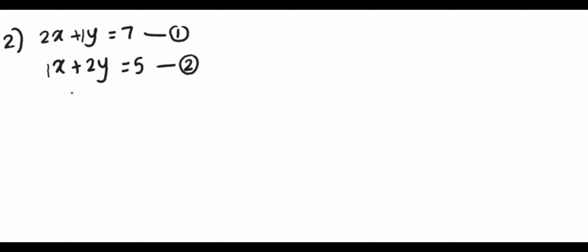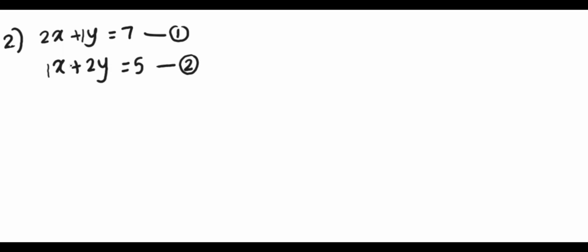So we must get the coefficients equal by multiplying one equation or both equations. Here, let's say I want my eliminating variable to be x. So I need to get the coefficients equal.